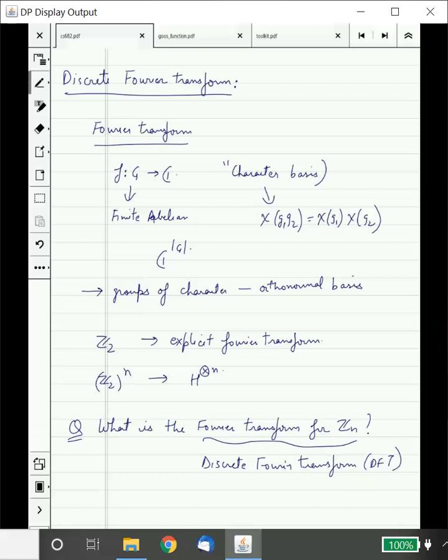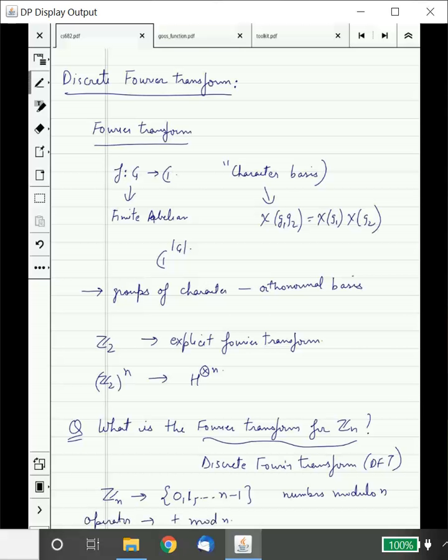Before that, just a reminder, Zn is a group whose elements are all numbers modulo n. The group operation is addition modulo n.